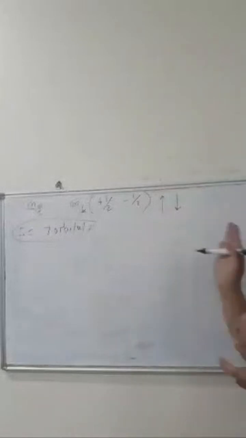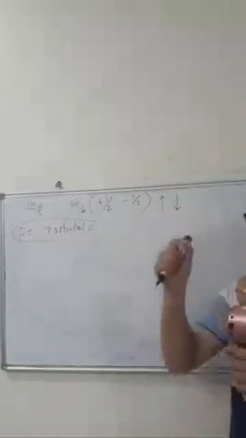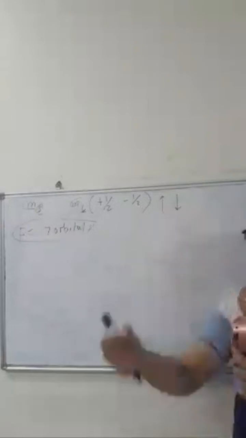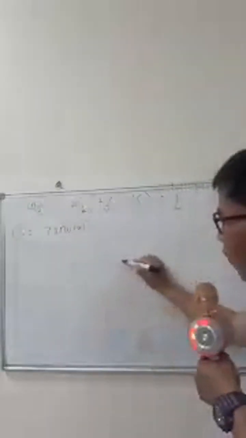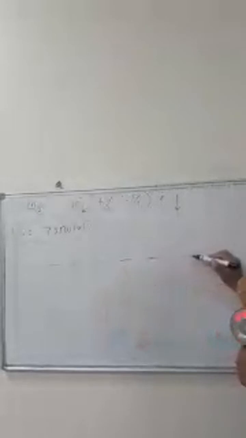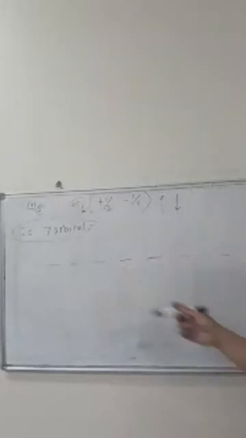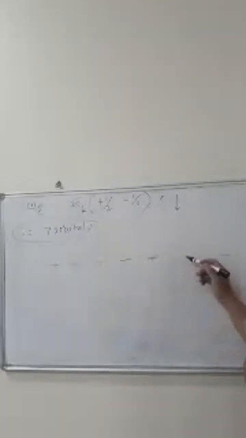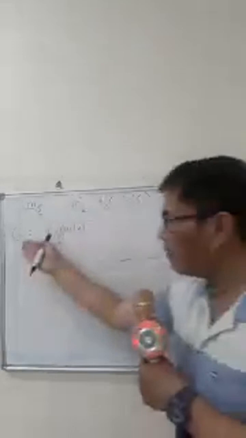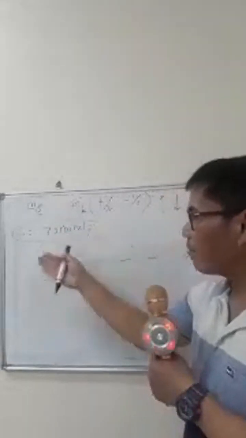So the orientation spin will be based on the last electron occupying the last orbital. The orbitals are 1, 2, 3, 4, 5, 6, 7: orbital 1, orbital 2, orbital 3, orbital 4, orbital 5, orbital 6, orbital 7. There are 7 orbitals in the F sublevel and F subshell.